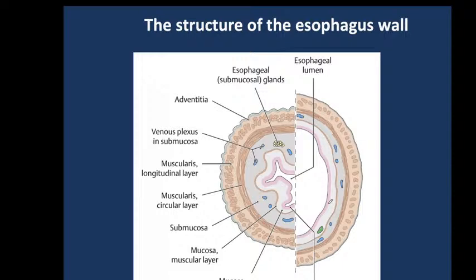This is the structure of the esophagus wall. It is a typical mucosal membrane here, a muscle layer here, and an adventitial layer outside.